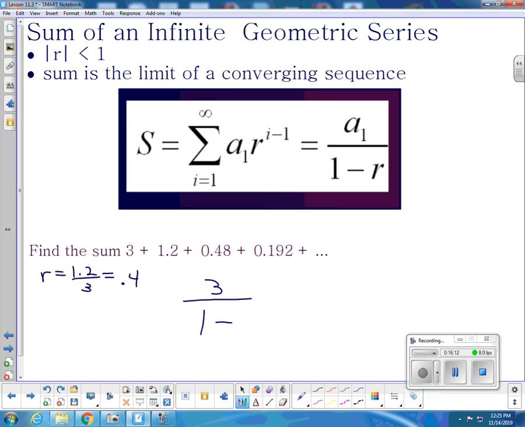It is possible to have a negative r if you have a sequence that's going positive, negative, positive, negative. The r can be negative, but the absolute value of it has to be less than 1 to even use this formula. You get 5. So all those terms, included, will add up to 5. They're going to get so small it doesn't matter. And we are done.